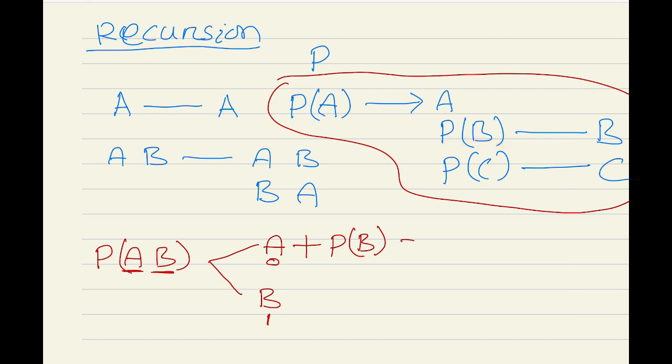So the final result is like this, A plus B. Plus I am writing here for concatenation. So A is concatenated with B, so we are getting AB.